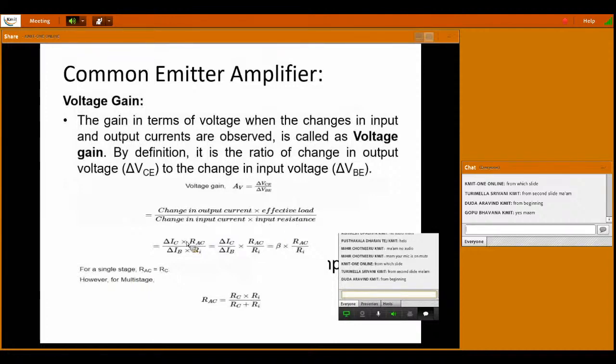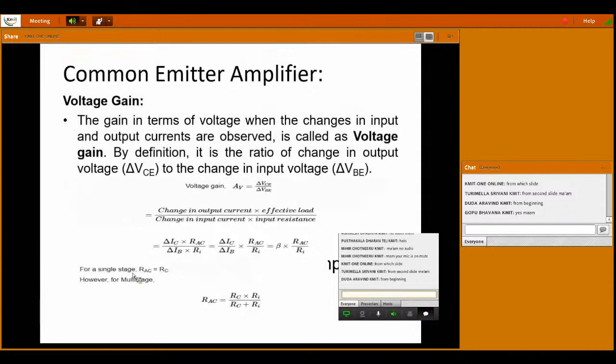Here, in the common emitter amplifier, the change in output current is delta IC and the effective load is RAC, the change in input current is delta IB and the input resistance is RI. As we already know, the ratio of change in IC to change in IB is equal to beta. Hence, it is equal to beta into RAC divided by RI.